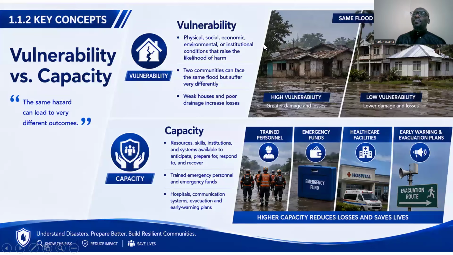You can understand this if you look at the two pictures, picture A and picture B. In picture A, there is high vulnerability. When it rains, the community living here is going to suffer damage and the loss will be high, compared to picture B, which has low vulnerability. Why? Because of the quality of the houses.